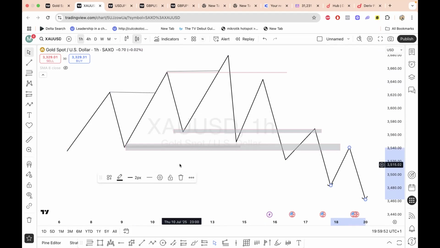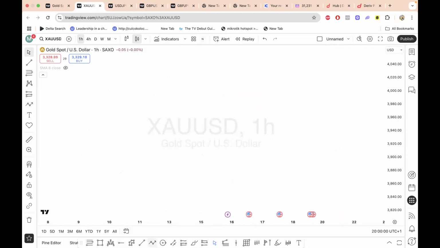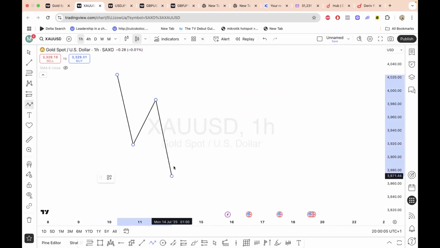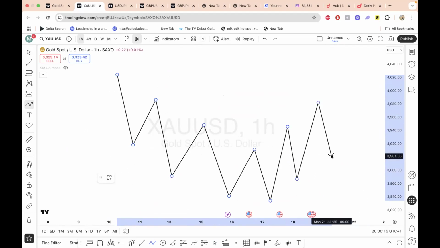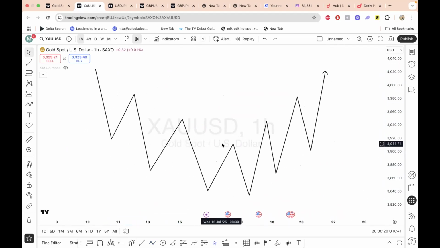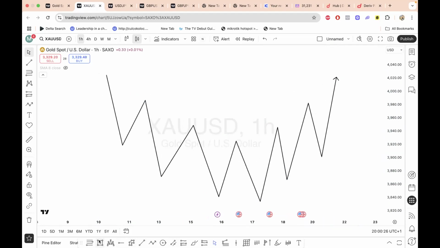Now, I'm going to give you an easy way to understand when the market changes. Now, this is a bullish one. Now, let's look at the bearish one that changed. Now, what is happening in this one?